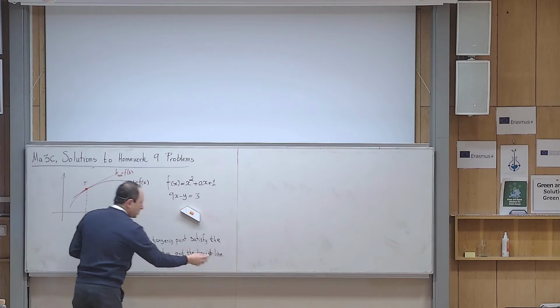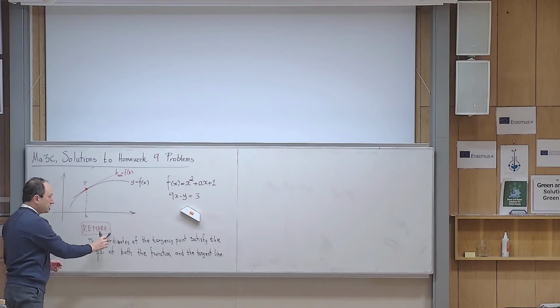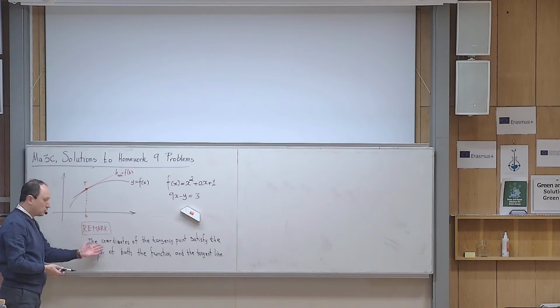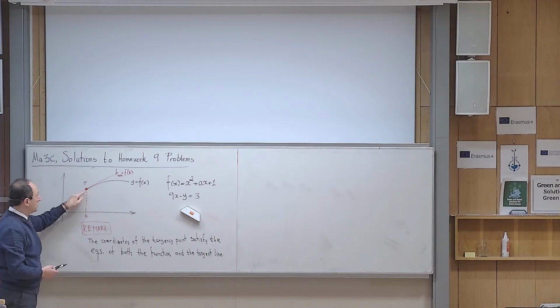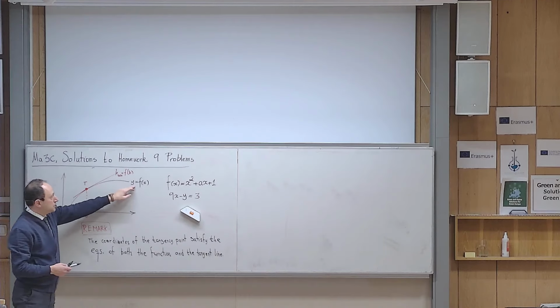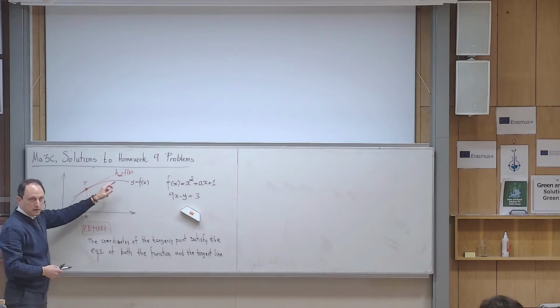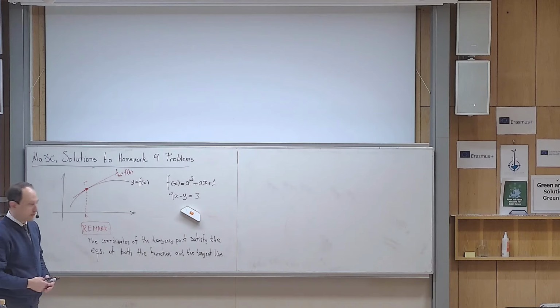Okay? So it is important to remember this remark, even though for a person who really knows what the function is, I don't need to write this down again. But this point is on the curve, so the coordinates will satisfy the equation of the curve. This point is also on the line, so its coordinates should satisfy the equation of the line. Okay?